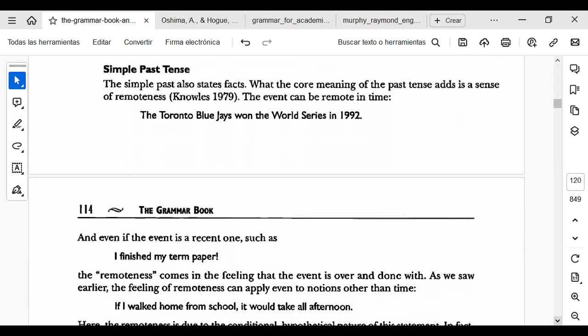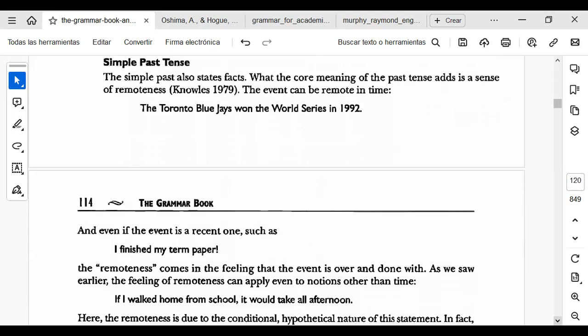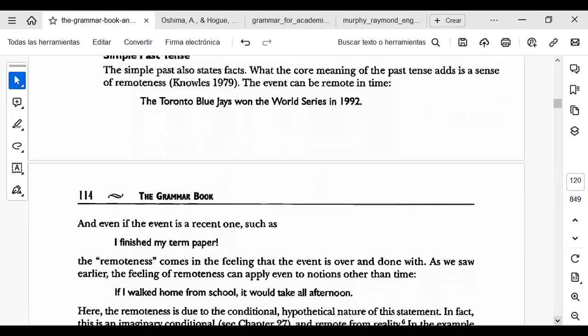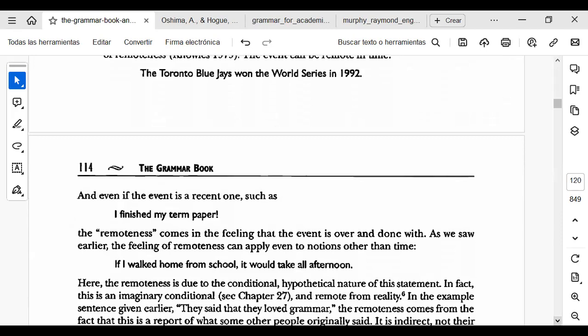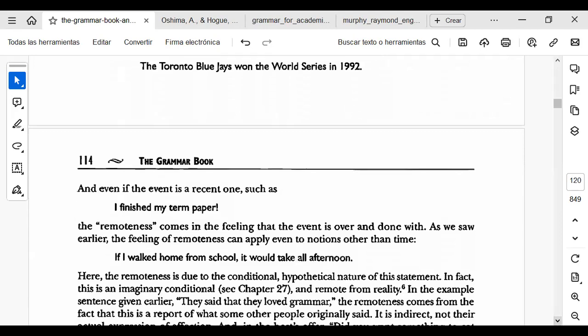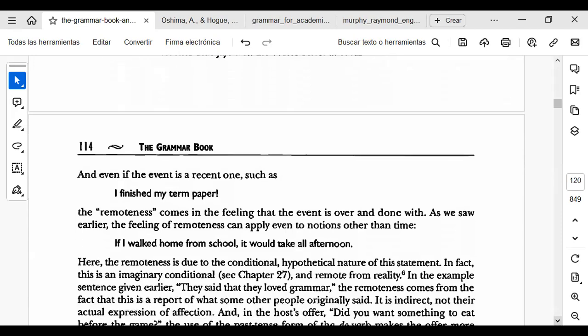The simple past also states facts. The core meaning of the past tense is a sense of remoteness. The event can be removed in time. Okay. Talking about facts.